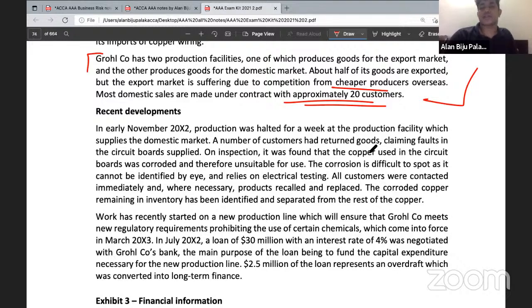On inspection, it was found that the copper used in the circuit board was corroded and therefore unsuitable for use. The corrosion is difficult to spot as it cannot be identified by eye and relies on electrical testing. All customers were contacted immediately and where necessary products recalled and replaced. The corroded copper remaining in the inventory has been identified and separated from the rest of the copper.